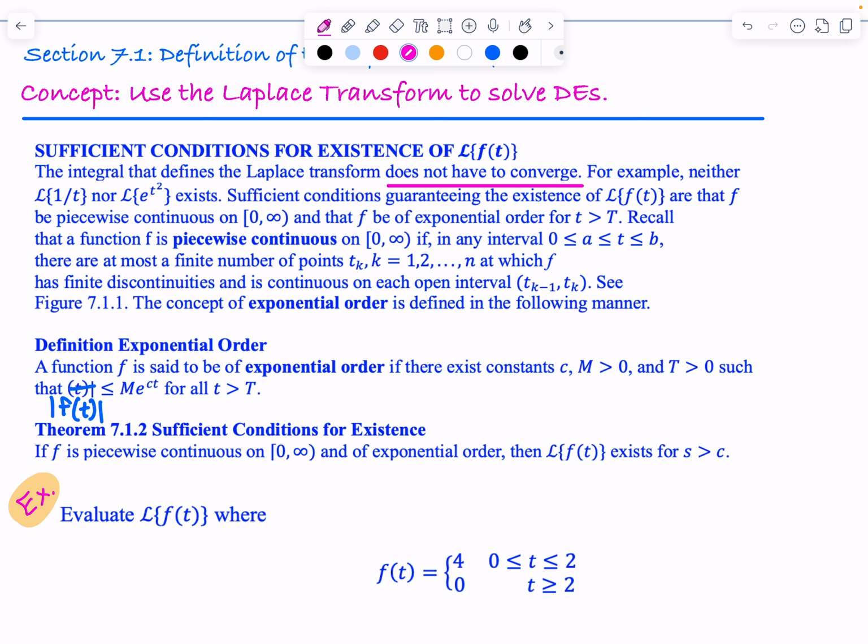So we actually have sufficient conditions that guarantee it. The function in question must be piecewise continuous, and they give us a definition next, and it must be of exponential order for t greater than capital T. Recall, and you may not know this, and that's okay, piecewise continuous looks like this: I have a finite number, finite means not infinite, of points of discontinuity.